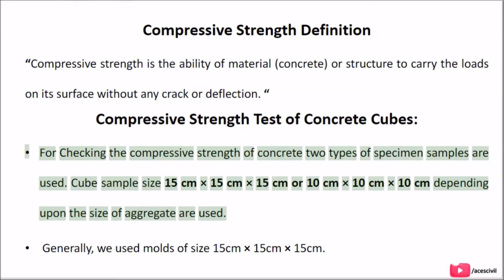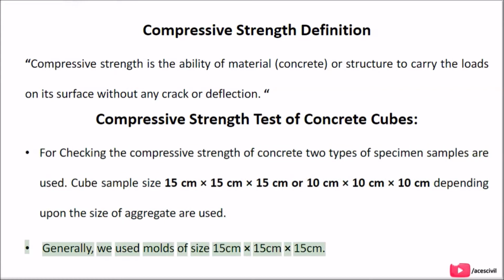Cube sample size 15 cm times 15 cm times 15 cm or 10 cm times 10 cm times 10 cm, depending upon the size of aggregate, are used. Generally, we use molds of size 15 cm times 15 cm times 15 cm.